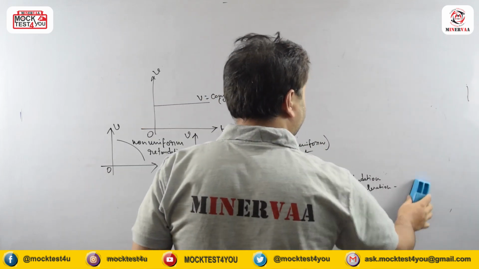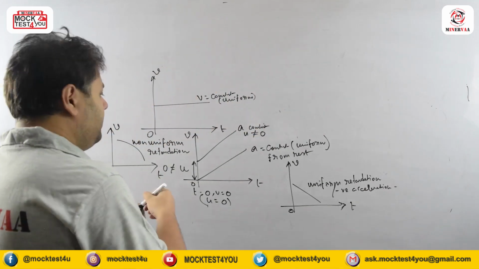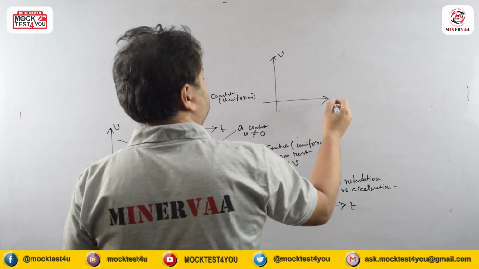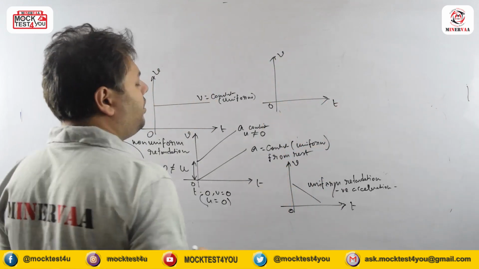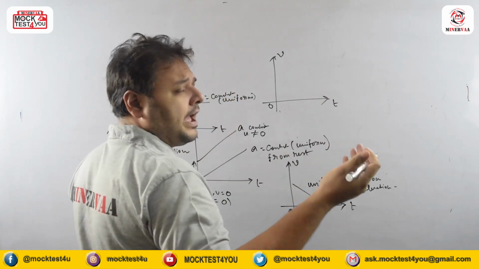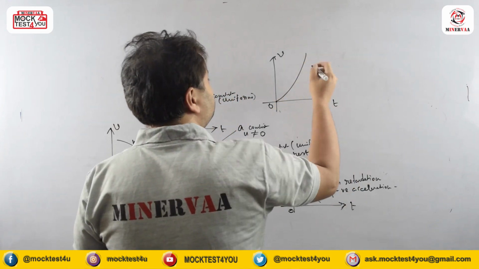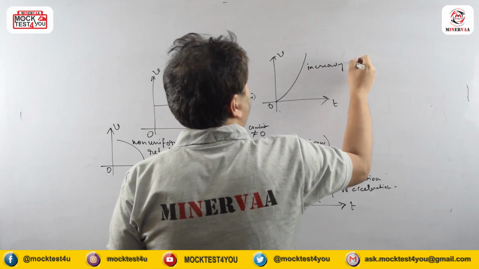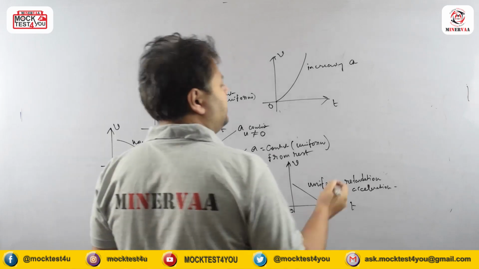There can be 3 more cases that we can discuss from here. Suppose it is asked what will be the nature of increasing acceleration? That means velocity will increase, but at a varying rate, an increasing rate. This gives us the graph of increasing acceleration.